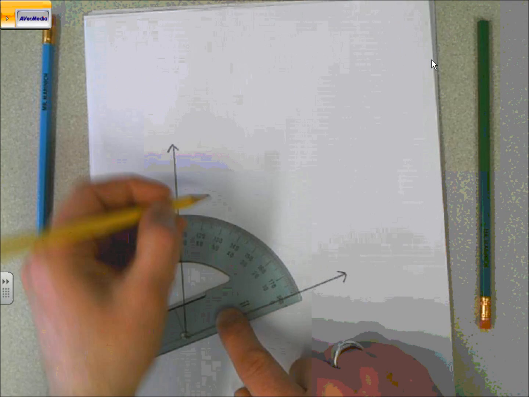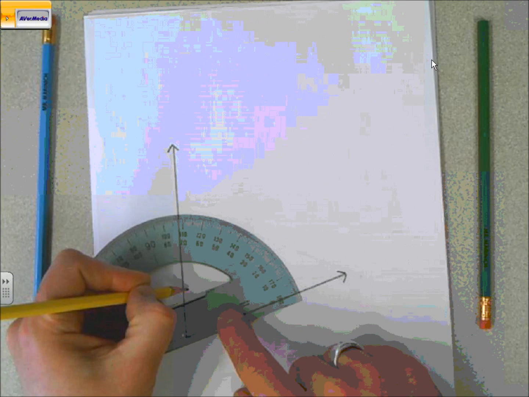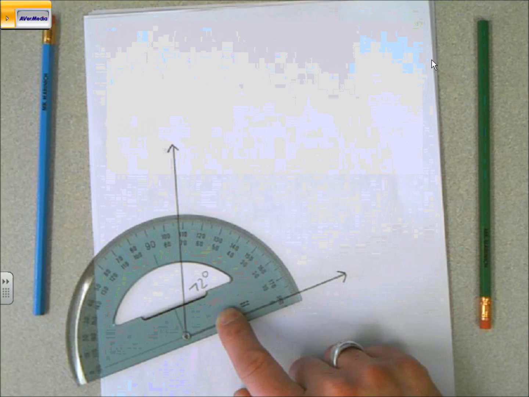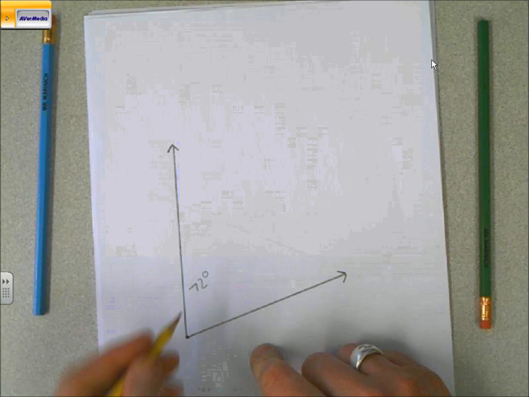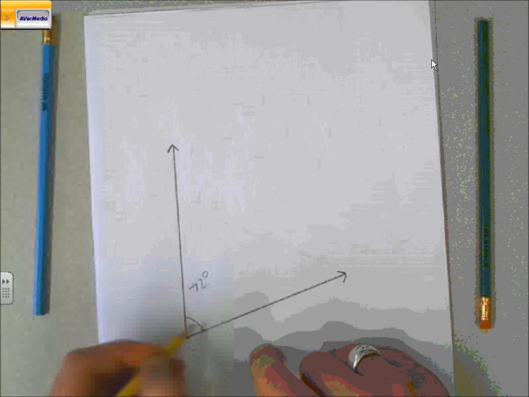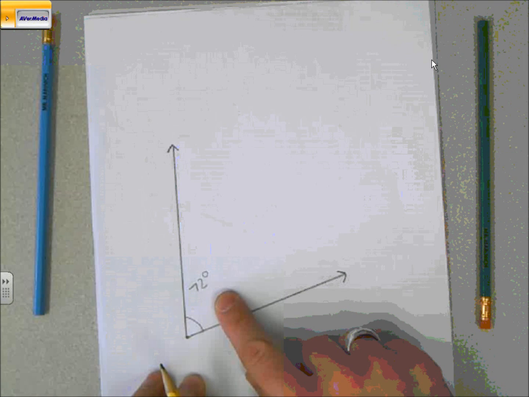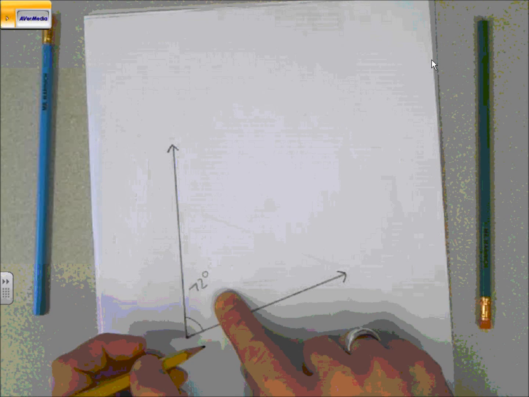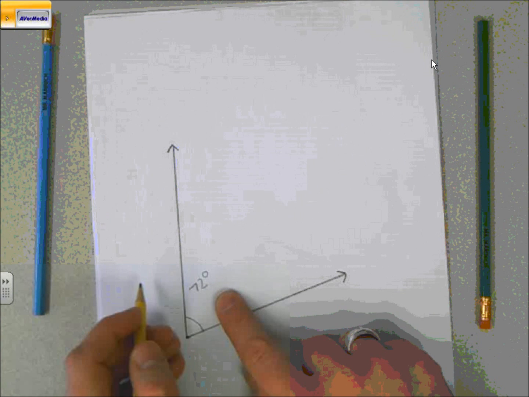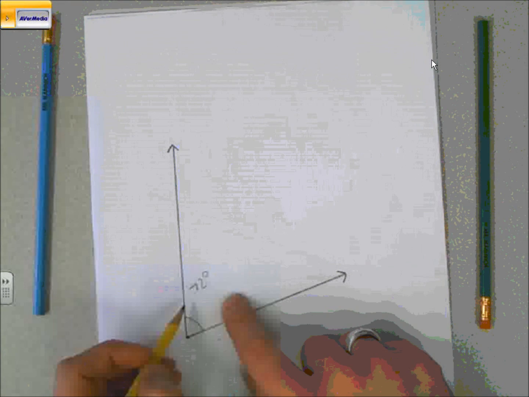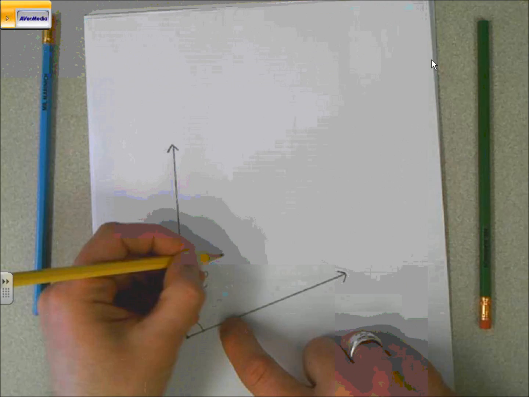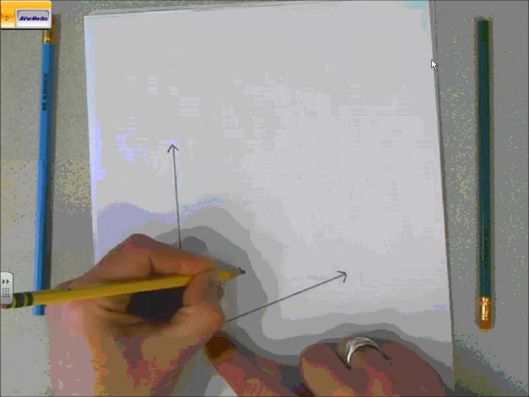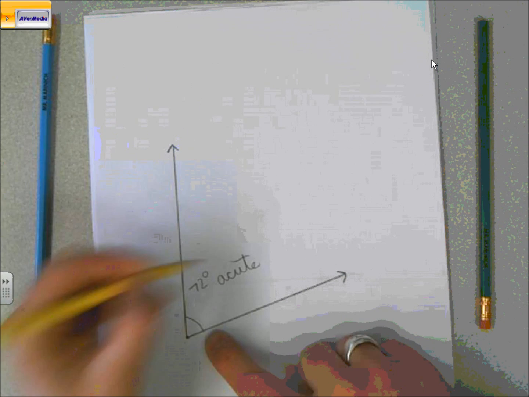So this would be a 72 degree angle. And now, I hope you're thinking that this angle has to be one of the few that we've talked about. Right angle, acute, obtuse, or straight angle. And this one, since it's less than 90 degrees, is definitely acute.